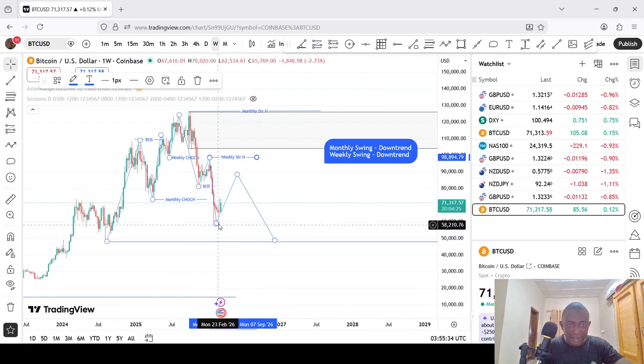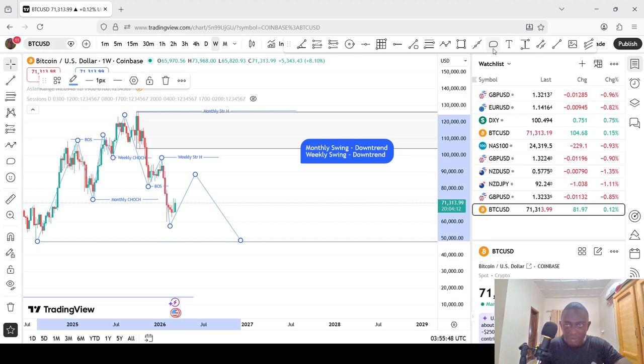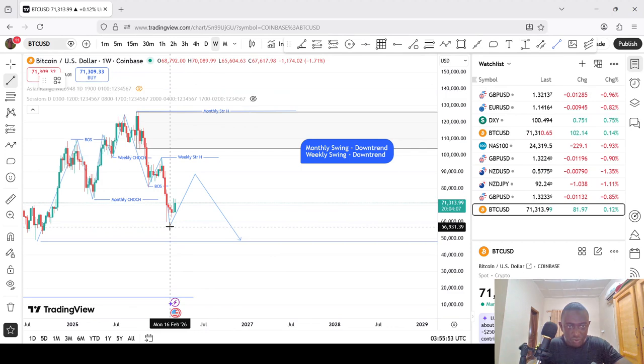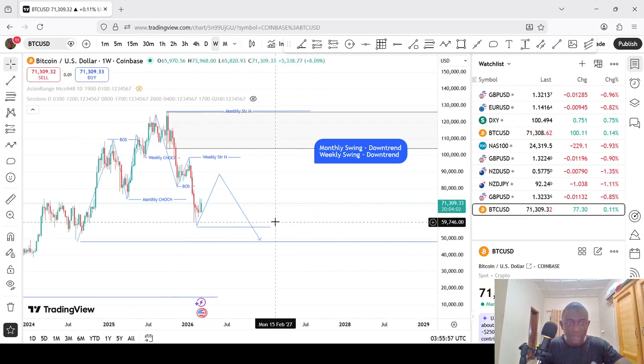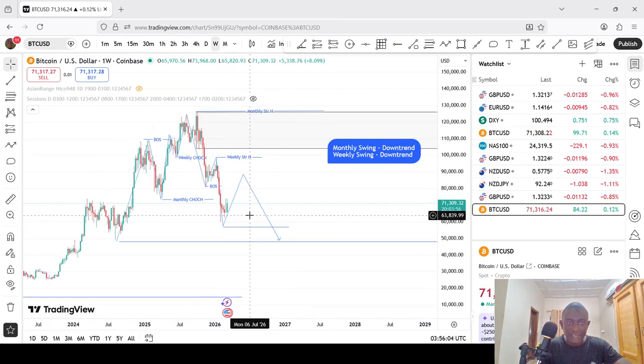Okay, and now the lowest point within the weekly time frame, at least between this range, the last low that was created here. So I just want to map this area, like just mark this zone so that at least we know within the week the range that we are working with, which means within this swing, we are expecting price to respect these two ranges, like within the monthly swing too.